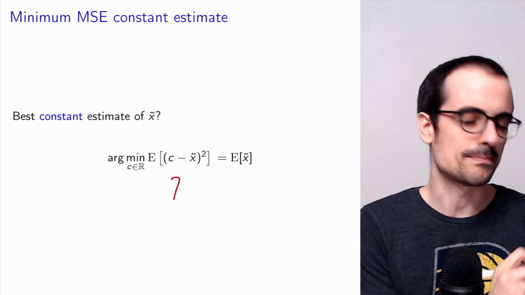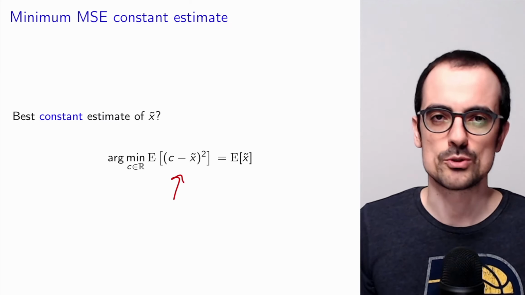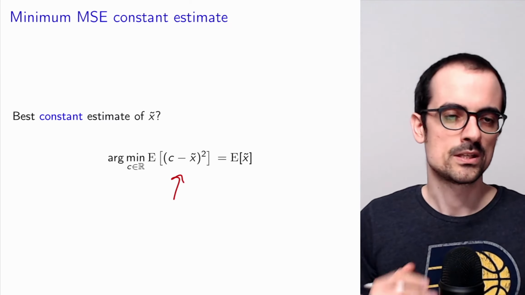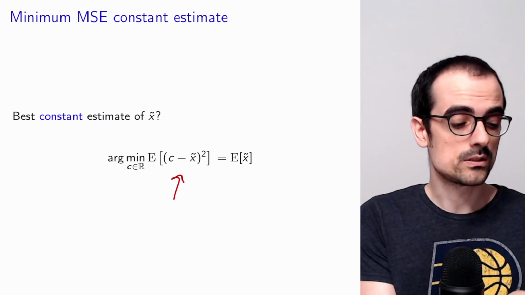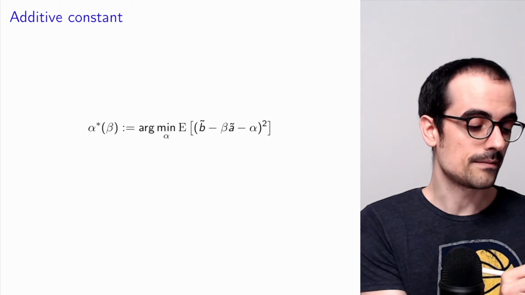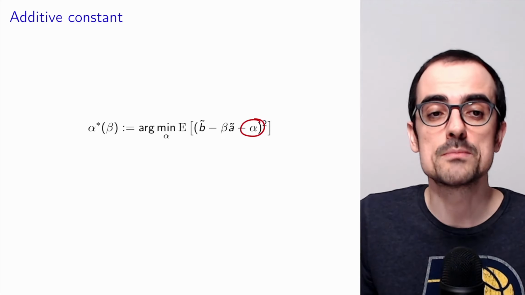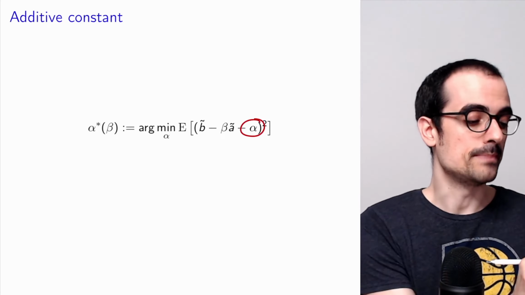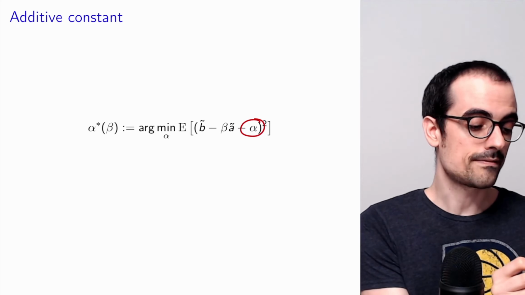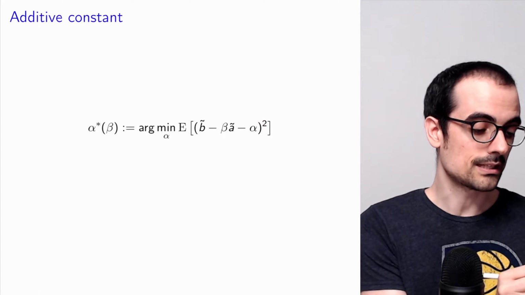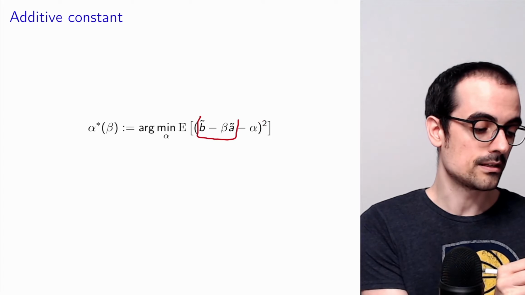We already proved this in the video about variance and mean square. Basically what you do is you expand this thing and you minimize with respect to c by taking derivatives, in case you don't remember. Why is this useful? Because now when we look at alpha, we can find the optimal alpha for any value of beta. Alpha is essentially a constant estimate of b minus beta a.